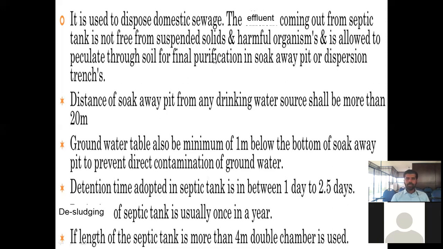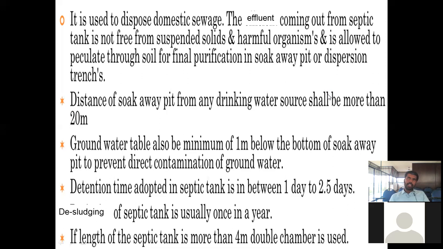The effluent coming out from the septic tank is not free from suspended solids and harmful organisms, so from the septic tank also water will be coming out. There will be a proper storage capacity in the septic tank, and the water is allowed to percolate through soil for final purification in a soakaway pit or dispersion trench.